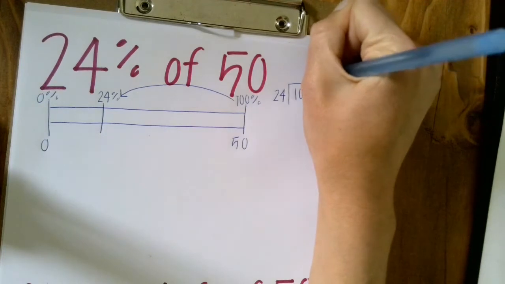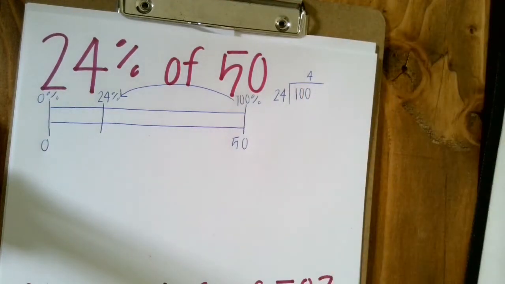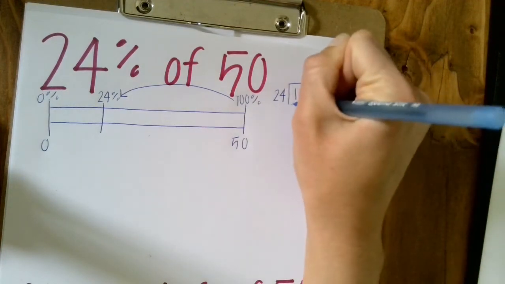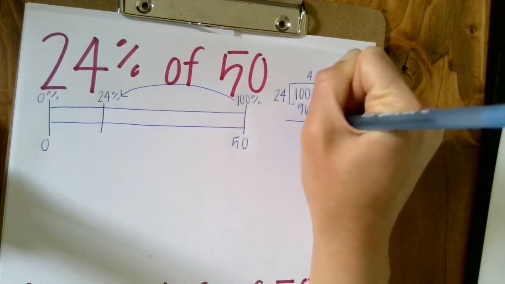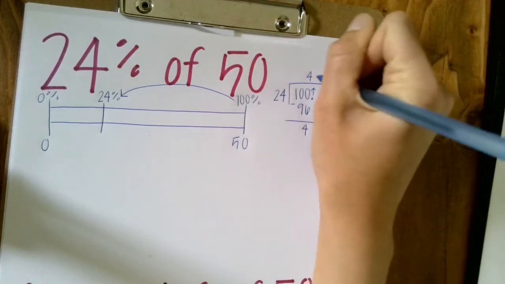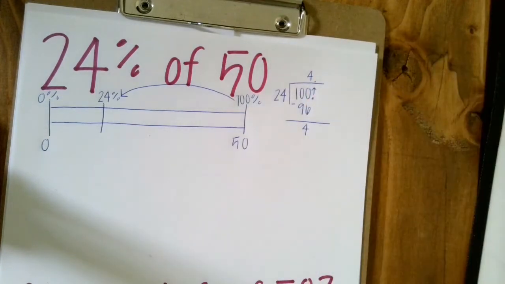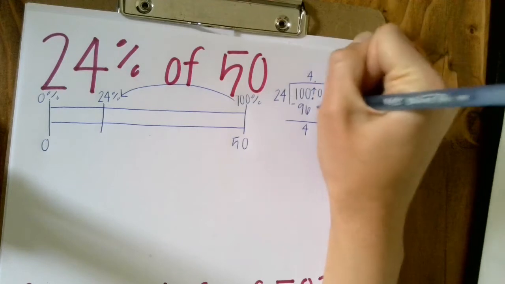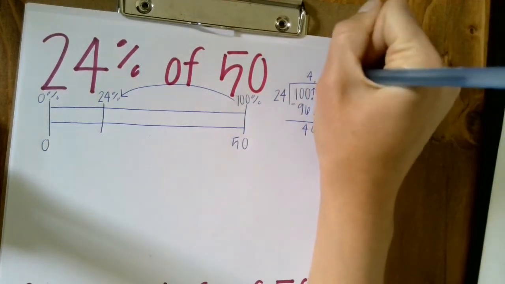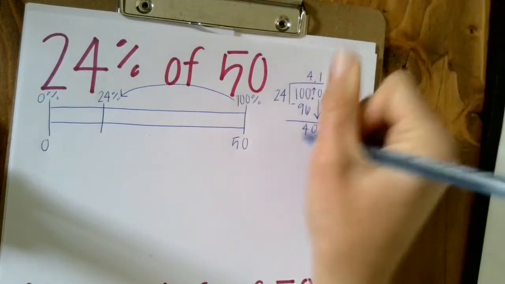So you're going to get 4, because 24 goes into 100 4 times. Then I'm going to subtract, and I'm left with 4. Add my decimal, bring it up, add a 0, bring it down, and I know that 24 goes into 40 1 time.